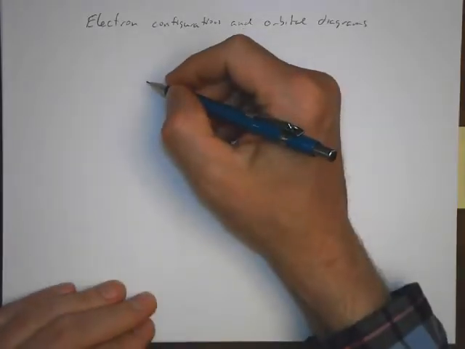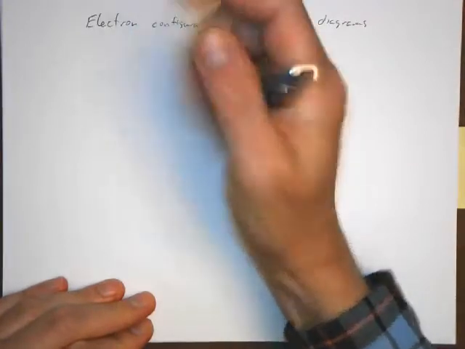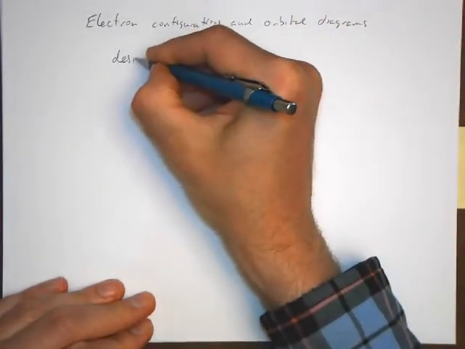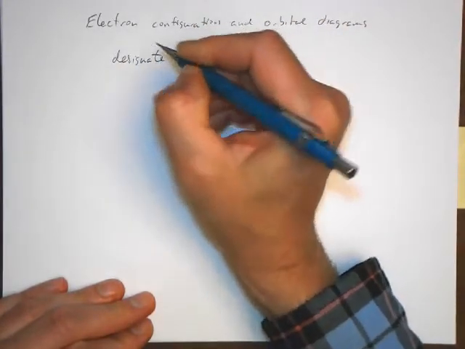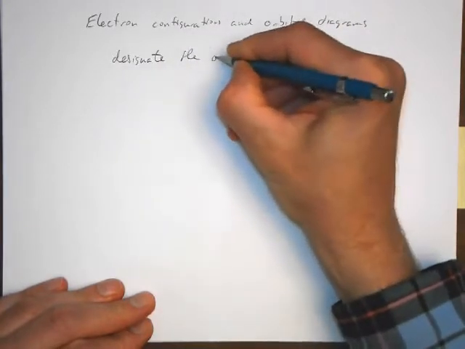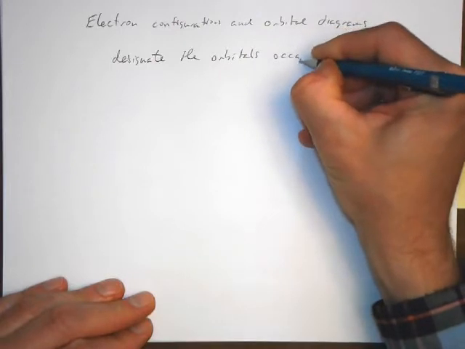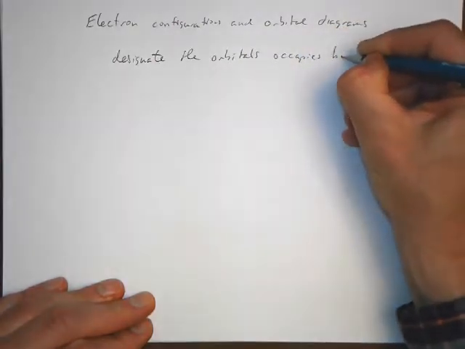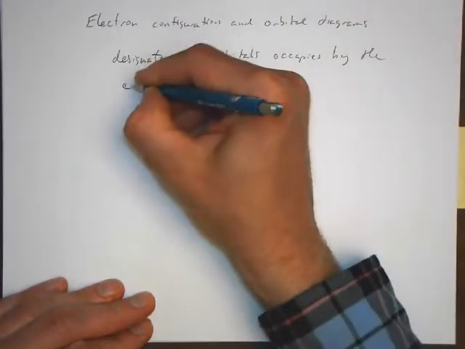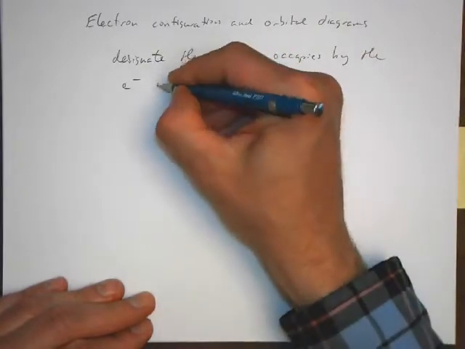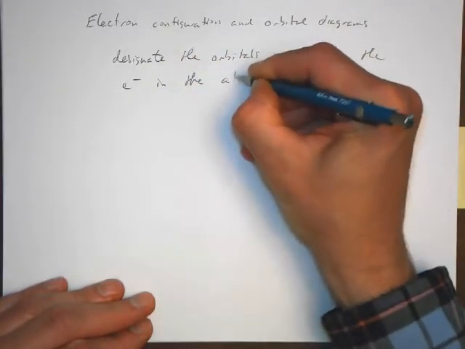We're going to designate the orbitals occupied by the electrons in the atom.